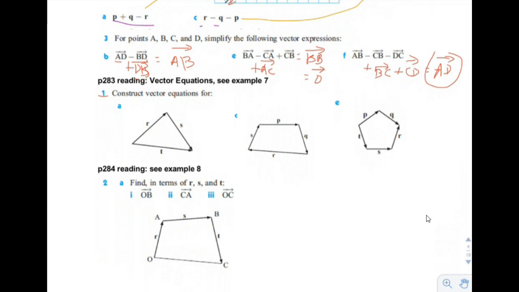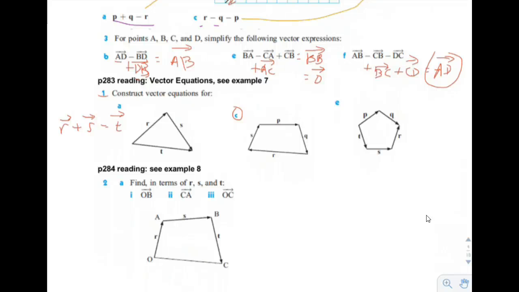Okay. Now, number 1 here. Vector equations. Construct vector equations for... So let's see. For this one, we could say that R plus S is equal to T. For this one, we could say, let's see.